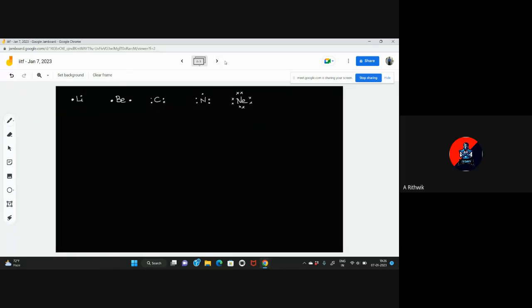So that is chemical bond, and now you understand the bond and how we are going to represent electrons. Next concept is types of chemical bonds.